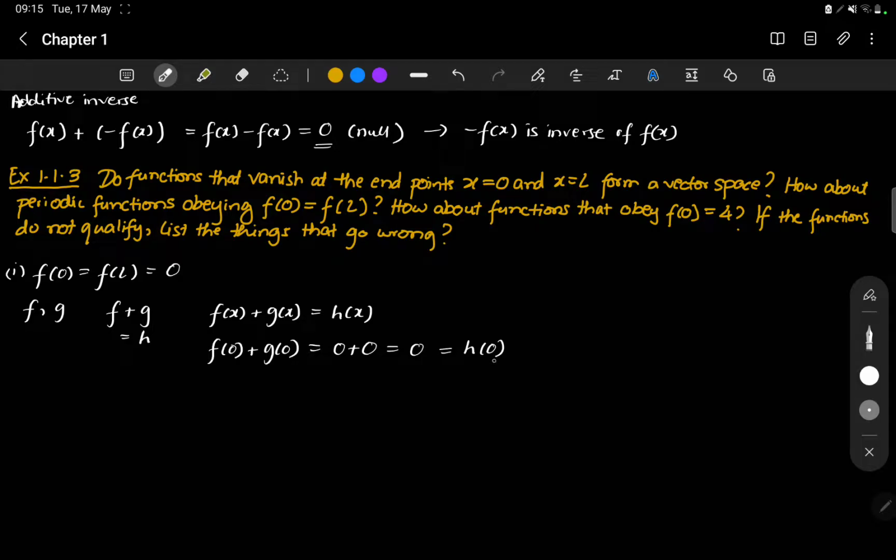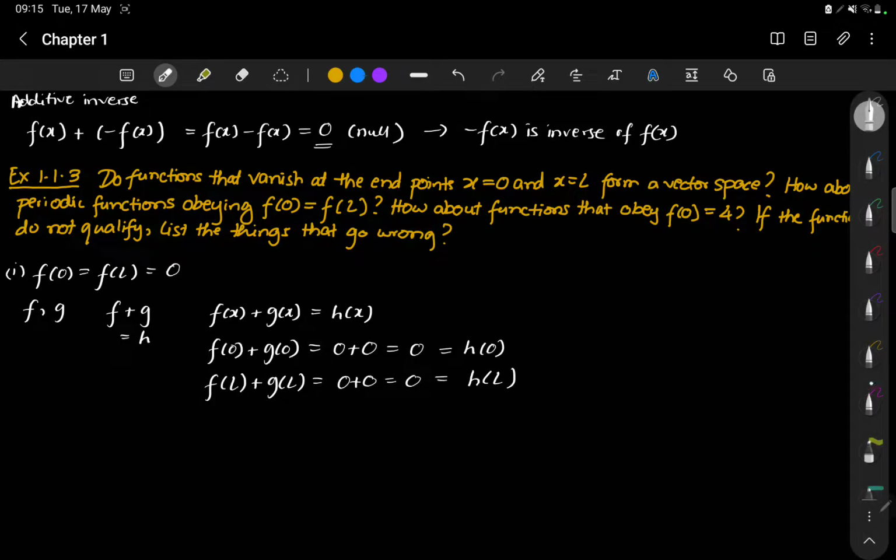So the sum of these functions satisfies this property that we have defined. Similarly, at the other endpoint, f of L plus g of L is equal to 0 plus 0 is equal to 0. This is h of L. So we have the closure property being satisfied.